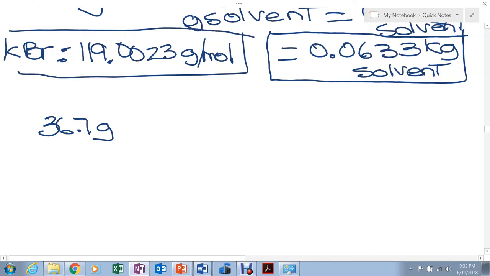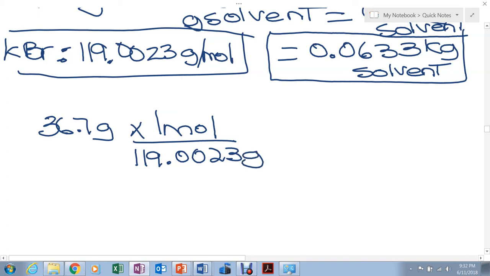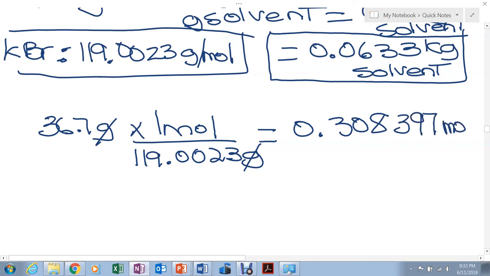So this is going to be 1 mole on top, because we want moles, and on the bottom 119.0023 grams. Grams cancel out, and this gives you that the moles of solute is going to be 0.308397 moles.